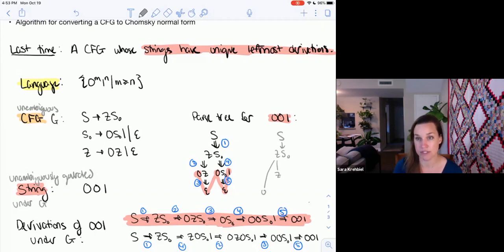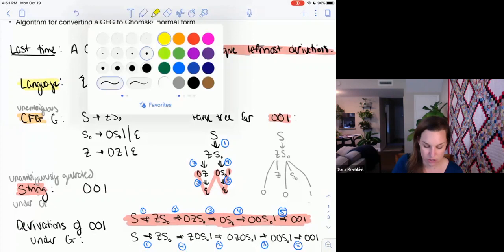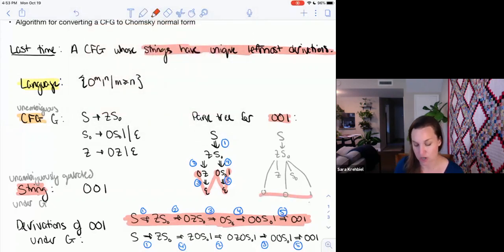And then that new copy of itself turns into an epsilon, so we're not going to draw that because epsilon isn't actually going to be something we read off. And then this S0 is going to generate a 0 and a 1 and a new copy of itself, which will just die off when it turns into epsilon. So you can have just sort of an alternate convention for how to draw your parse trees. Either way is totally fine.